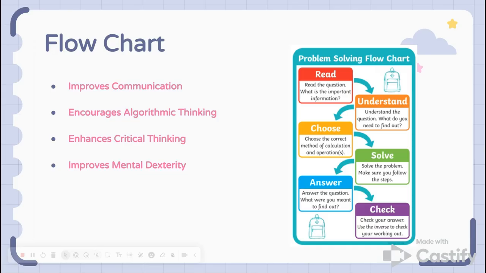Flowchart graphic organizers enhance critical thinking. They push kids to analyze cause and effect and relationships between steps. And finally, flowchart graphic organizers improve mental dexterity. They develop mental agility and the ability to form associations.